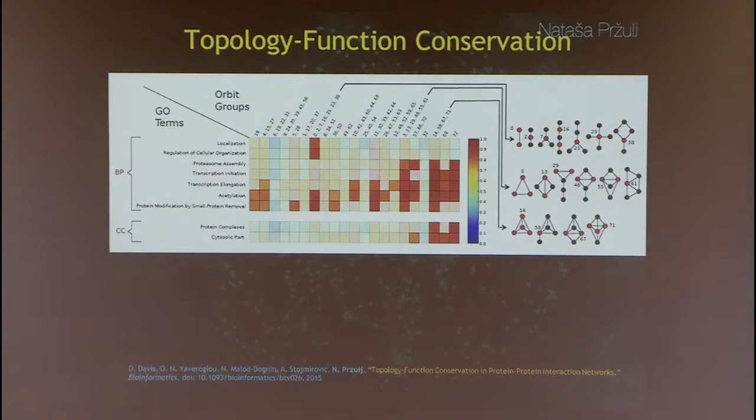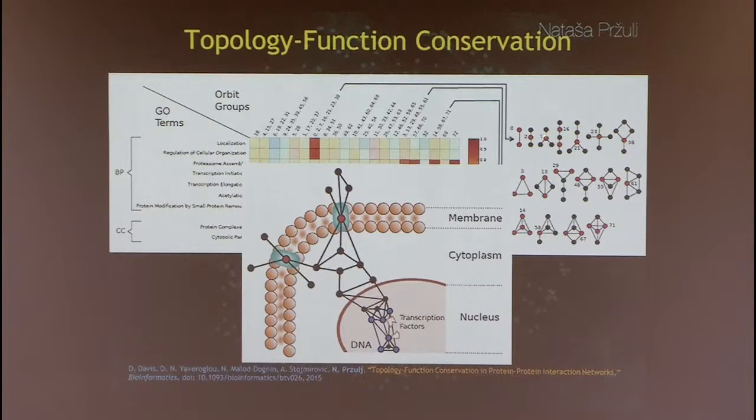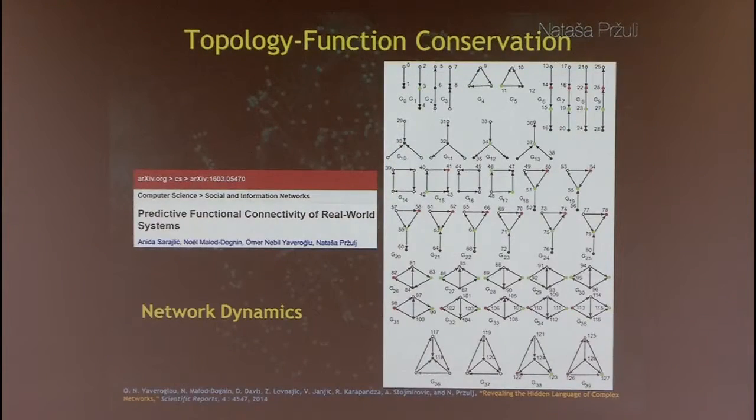More recently, we came up with a machine learning method where we linked these orbit positions with different GO terms, and we have shown that certain functional groups tend to have preservation in the topology even for faraway species. Of course, there is still more improvement on this that we haven't published yet.